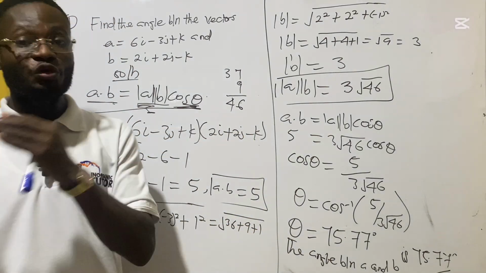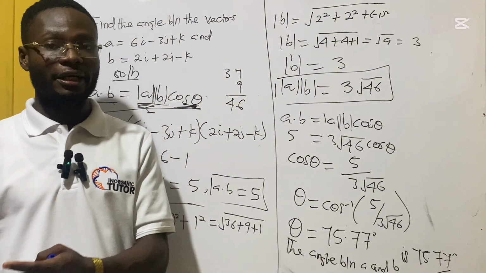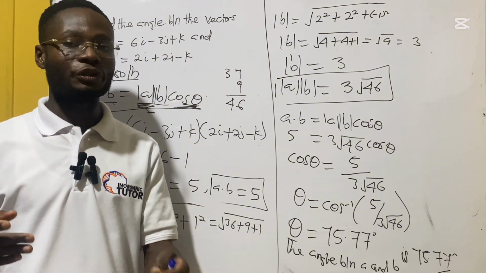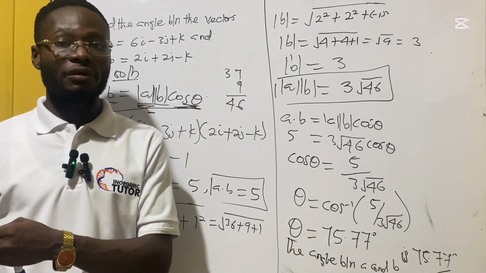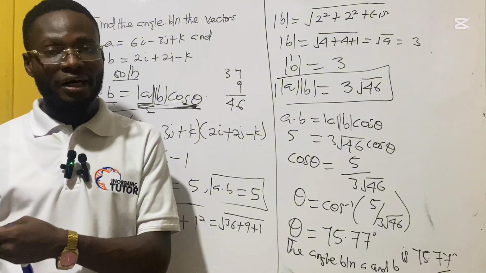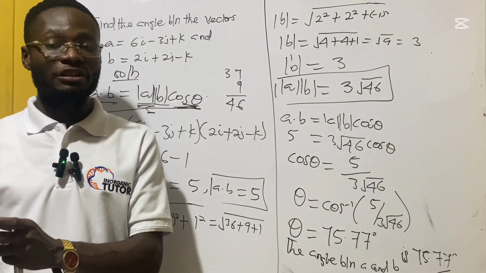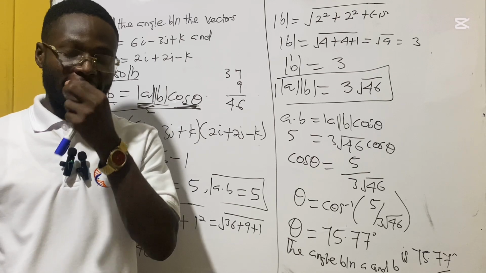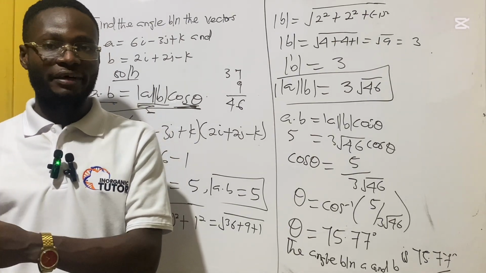So if you have two vectors and you want to find the angle between them, quickly remember that A dot B is equal to the product of the magnitudes of the two vectors times cos theta, right? So you find A dot B, then you find the magnitude of each of the vectors.